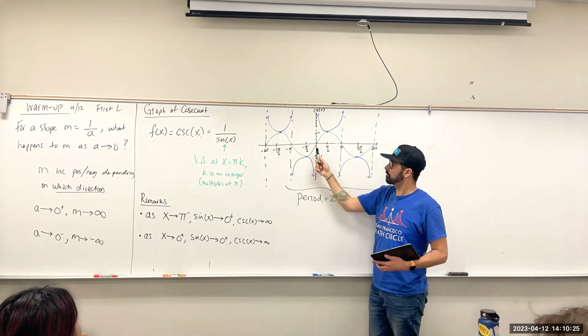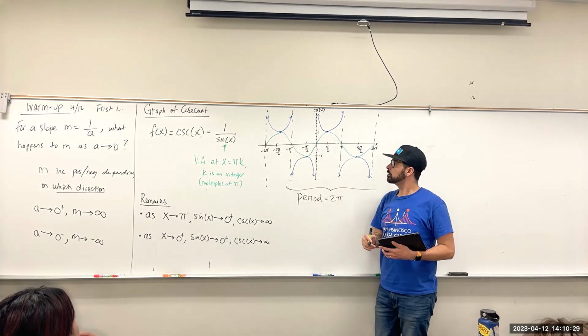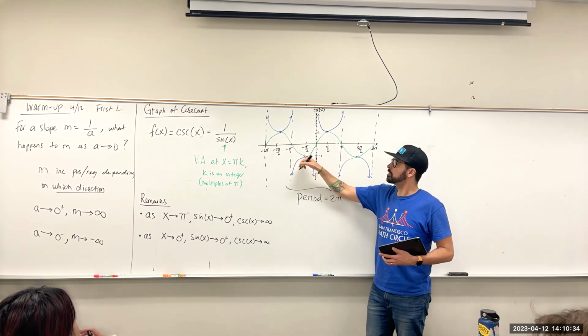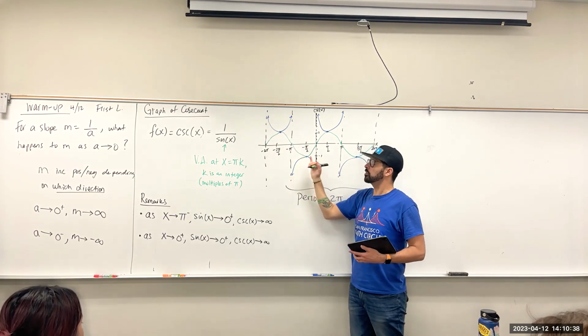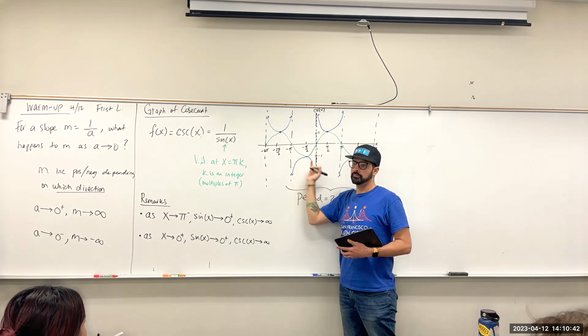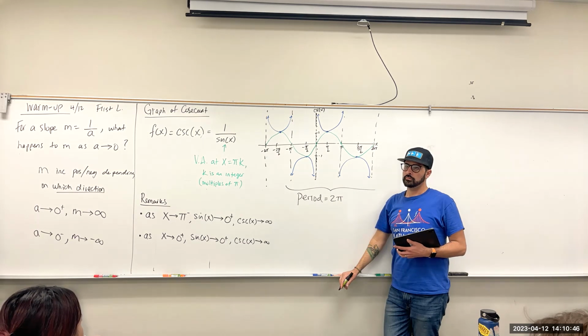Wherever sine is negative, cosecant will shoot down to negative infinity. So essentially, we solve the problem by graphing sine, correct, yeah.